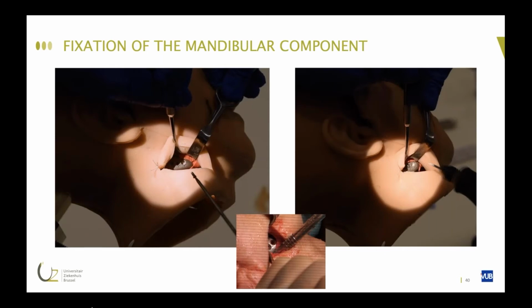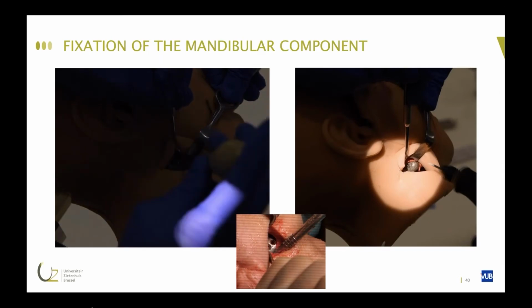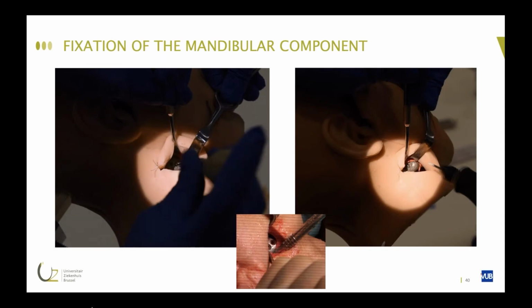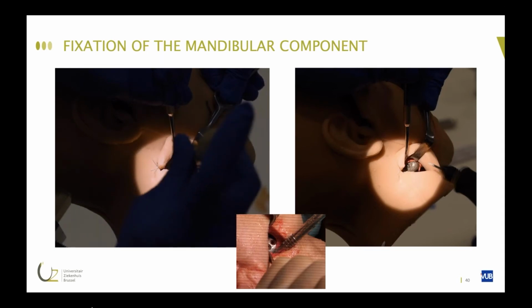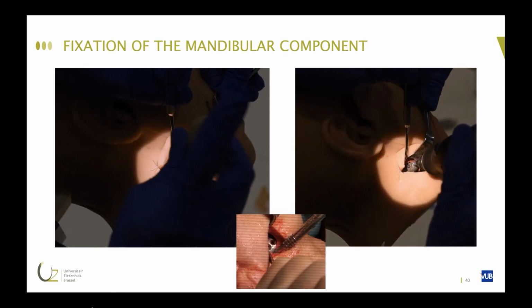The mandibular component is lifted onto the resection platform, and the initial screw holes, remember 3 screw holes of the resection guide, are retrieved and used again, this time after tightening the IMF.